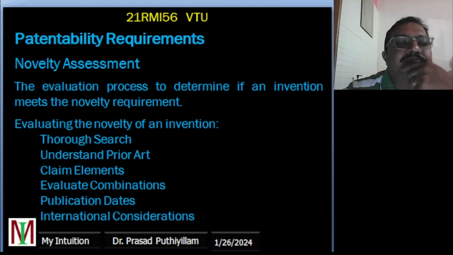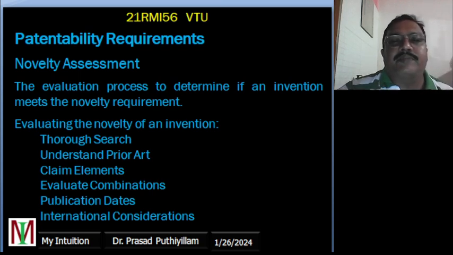Claim elements: we have to focus on the specific elements defined in the claims, whether those claims are new or disclosed anywhere. The patent officers will check that.